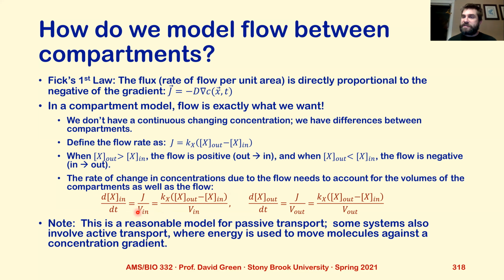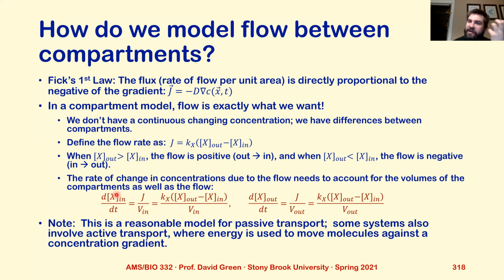And so if the volume is smaller, an equivalent flow leads to a greater change in concentration. A larger volume leads to a smaller change for the same flow. And of course, the flow was given by this, proportional to a difference in the concentration. So we have a simple form for the rate of change of the concentration inside this compartment.